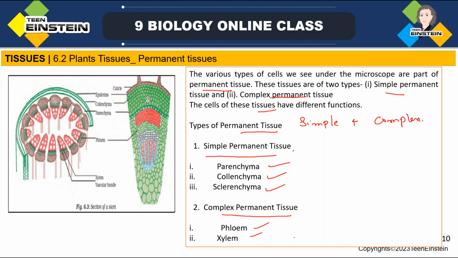Okay, xylem and phloem, they come under complex permanent tissues. Simple permanent tissue means those are simple tissues, but they are permanent tissues. Complex permanent tissues are a little more complex compared to the simple permanent tissue. Examples are phloem and xylem. Clear?